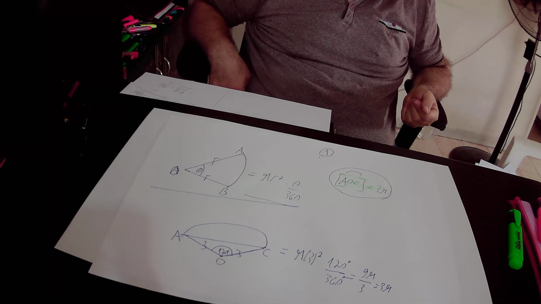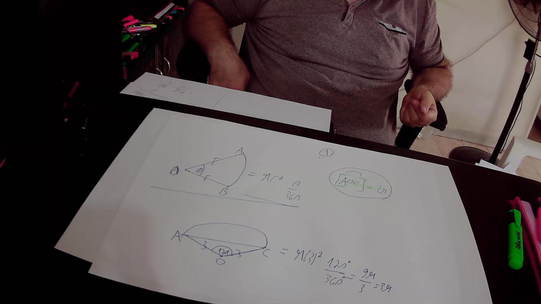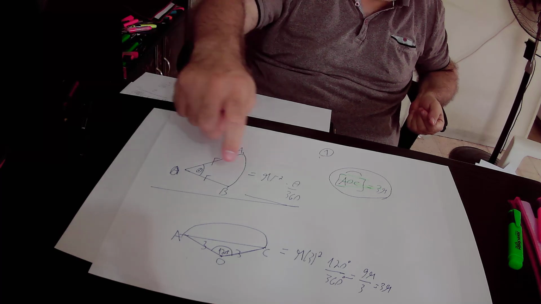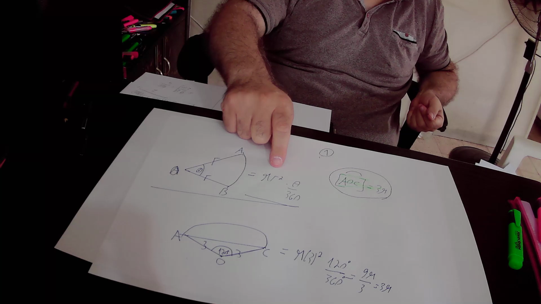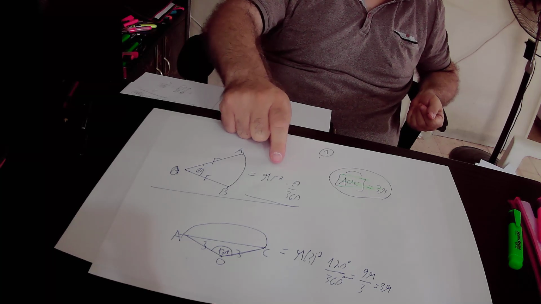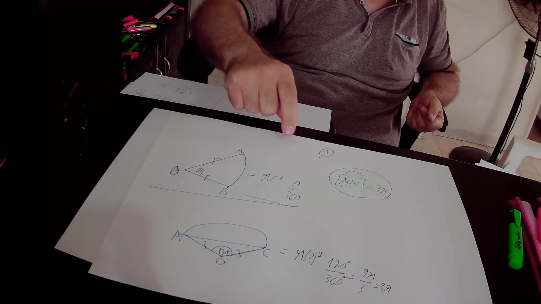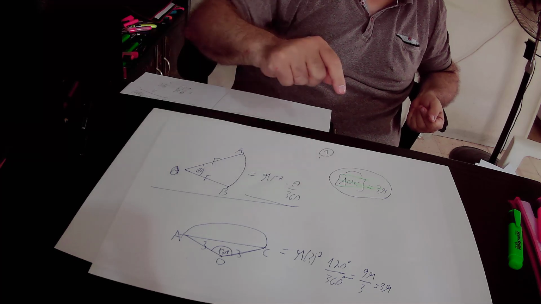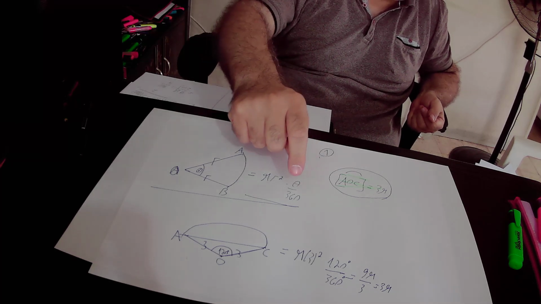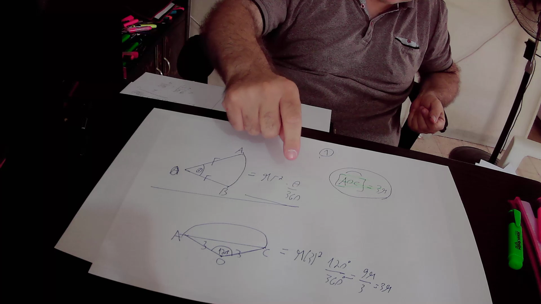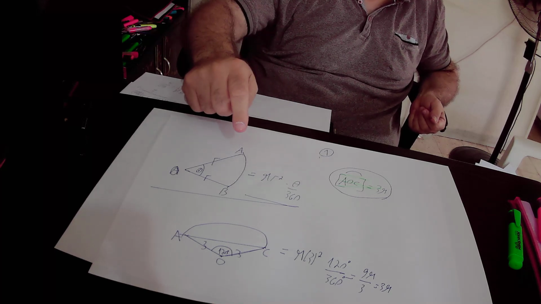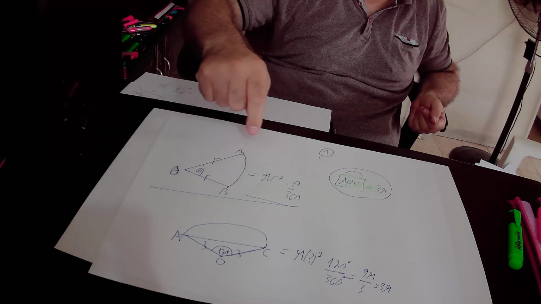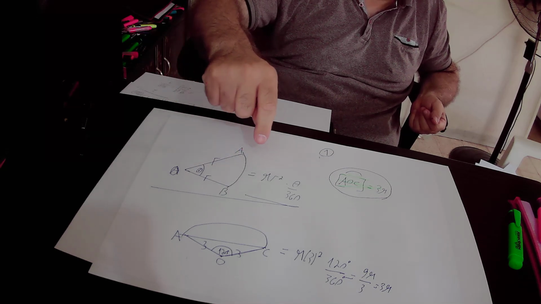Then according to the formula, the area of this sector A or B will be equal to pi r squared, that is the area of the entire circle, times theta over 360 degrees. The ratio theta over 360 degrees gives us the relative percentage that the sector occupies out of the entire circle.